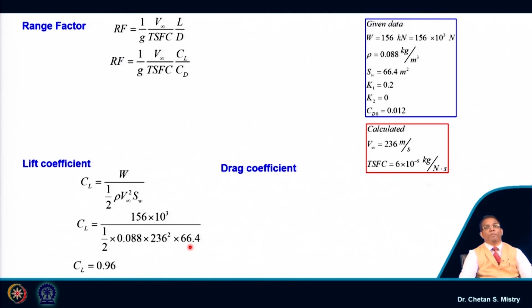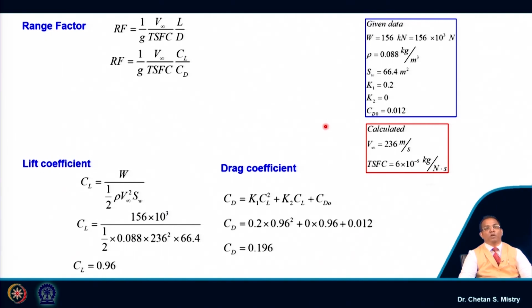Now, the next parameter we have is our drag coefficient, and if you try to recall the formulation for the drag coefficient, it is given by K1 into CL square plus K2 into CL plus CD 0. Here K1 is given as 0.2, K2 is 0 and CD 0 is 0.012.